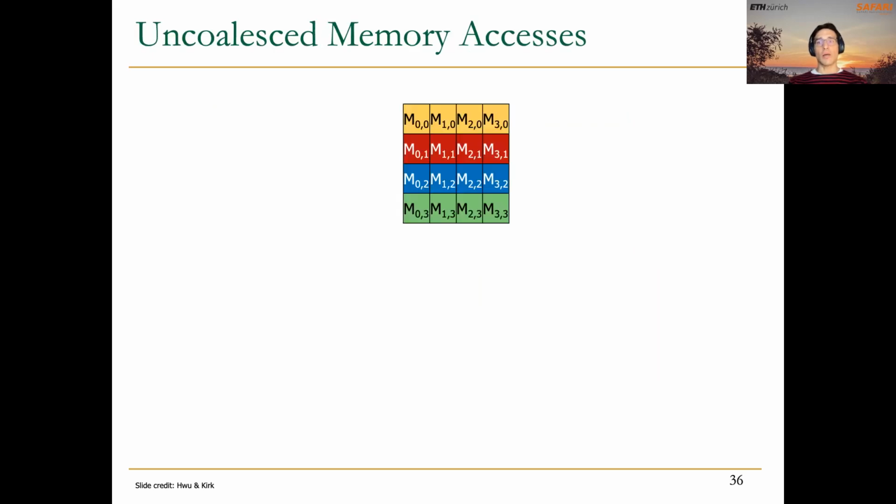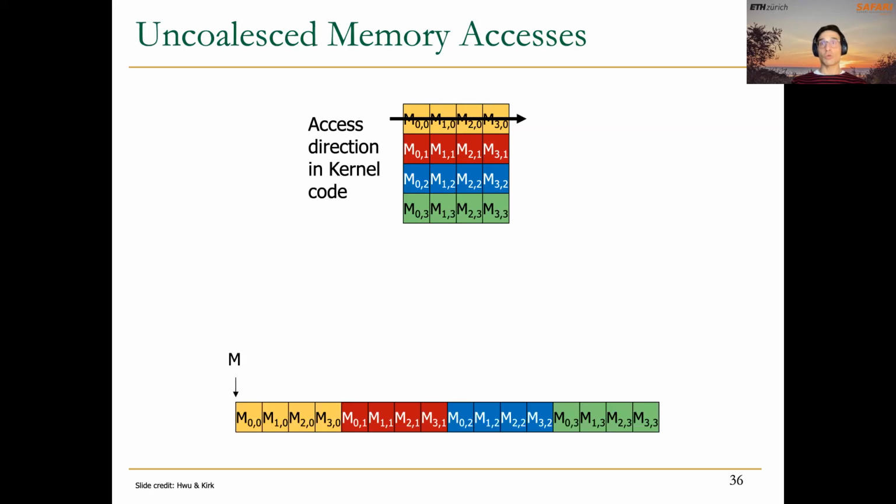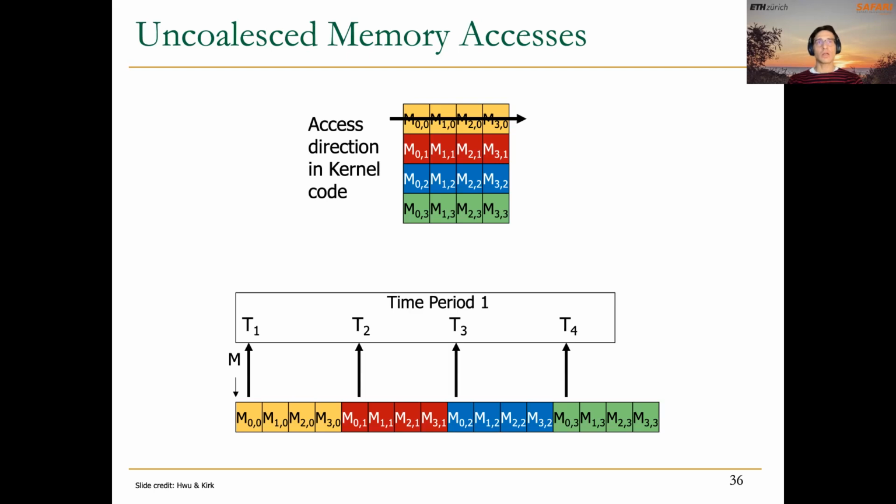Let's see a more detailed example. Let's say this is an example of uncoalesced memory accesses, where this is the access direction in kernel code. So we are going to assign different threads to these different rows. Thread 0 goes all over this yellow row. The next thread goes all over this red row, and so on. Because we know that this matrix has a linear row-major layout in memory.